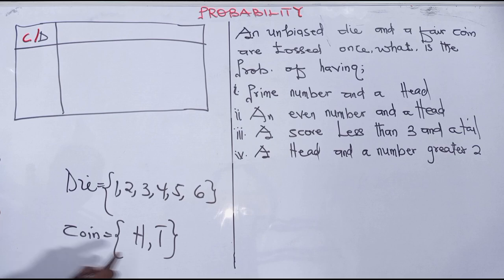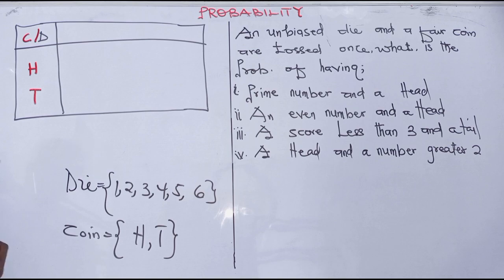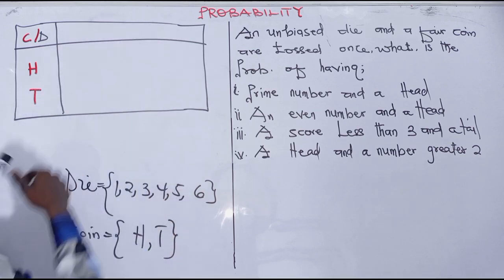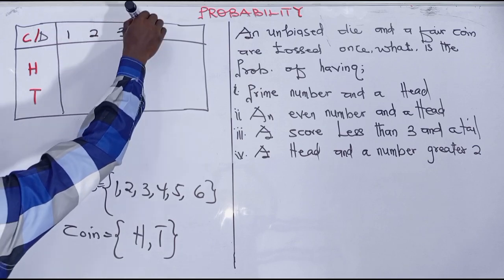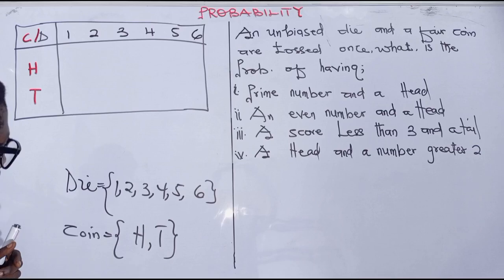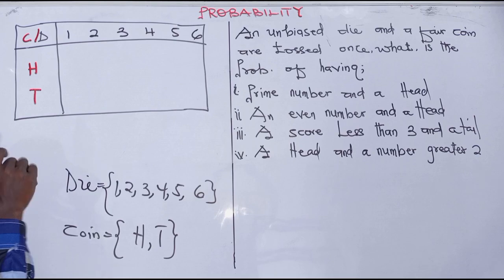We know that these are the outcomes when we toss a coin once, so we have head and then tail, and then we are going to write this set of possible outcomes on this row. After doing this, we are just going to pair the outcomes from the toss of the coin with the outcome from the toss of the die.